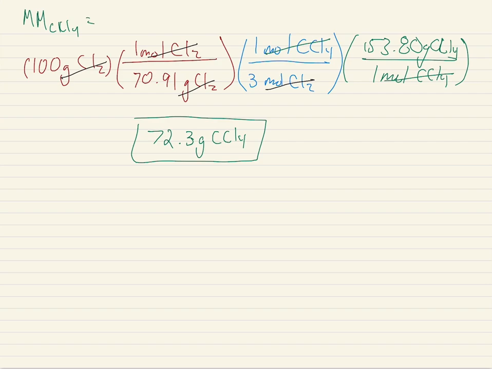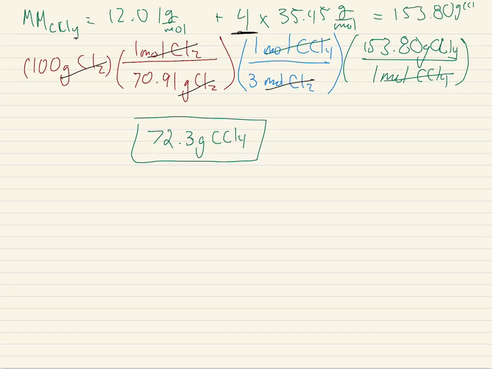We have 12.01 grams per mole, plus 4 times the molar mass of each chlorine, which is 35.45 grams per mole. This number 4 comes from the subscript in the chemical formula, right? And when you plug this all in, you get 153.80 grams CCl4 per 1 mole CCl4.